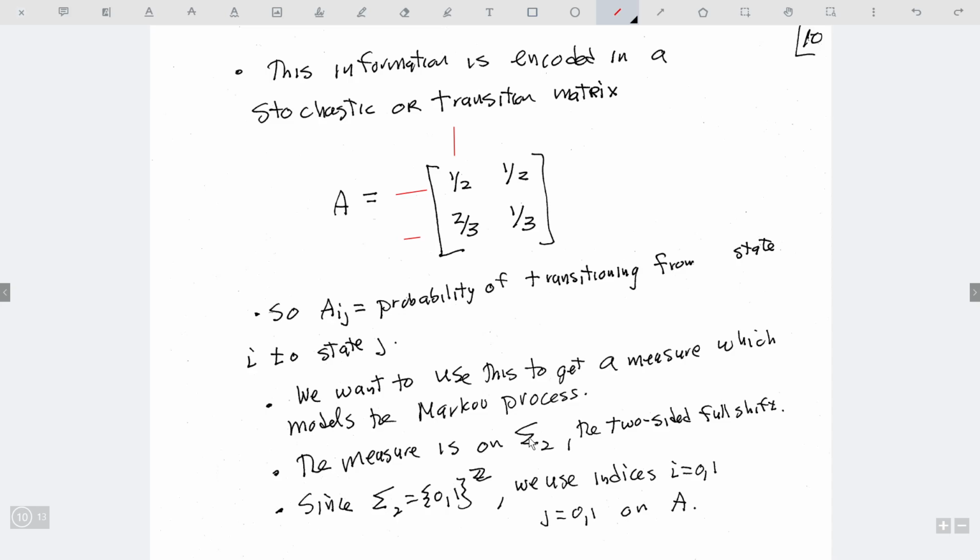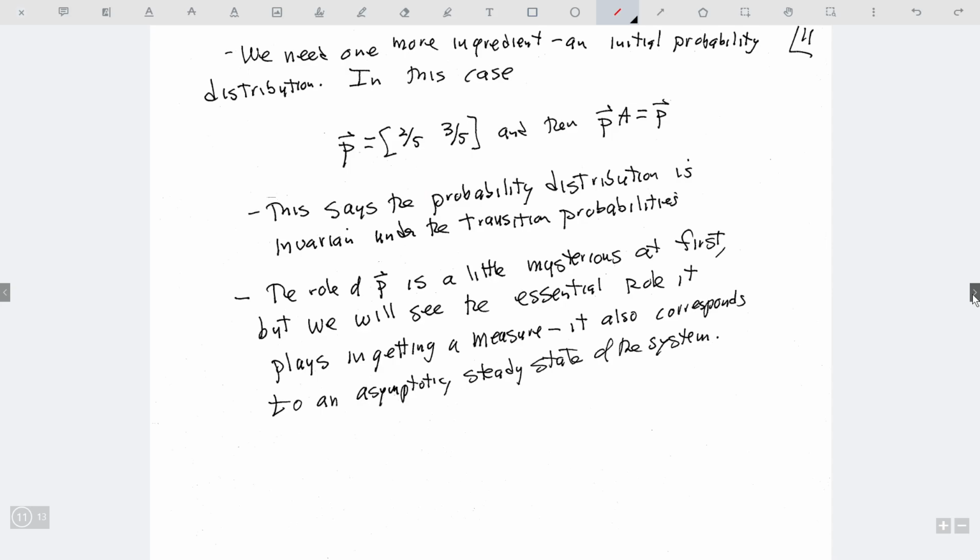It can be a little confusing if you're not used to it, but because the shift has indices 0, 1, ... n minus 1 for the n shift, in this matrix you index it with 0, 1, 2, 3, etc. if there are more. So the first row is 0. Don't get confused by that.